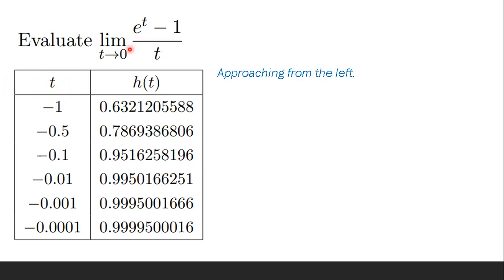Since this is Euler's number, that's e, right? So you just simply press there. When we substitute -1 to our function, that's e raised to the power of -1, minus 1, all over -1, and you will get the same number.